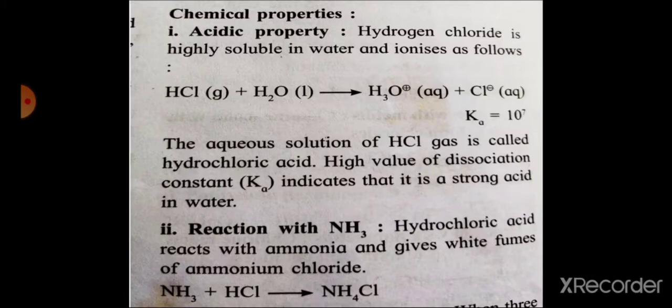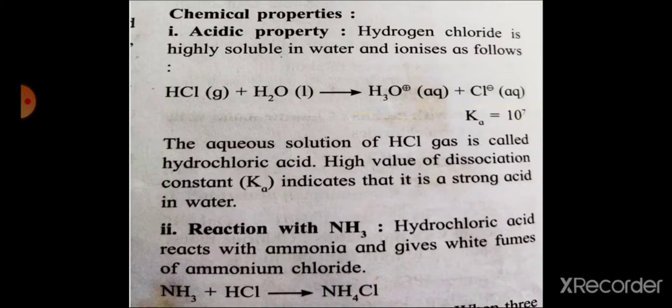Then chemical properties. First we see acidic properties. Hydrogen chloride is highly soluble in water and ionizes as HCl gas plus liquid water gives H3O+ ions, that is hydronium ions, plus Cl- ions. The Ka value is equal to 10^7.